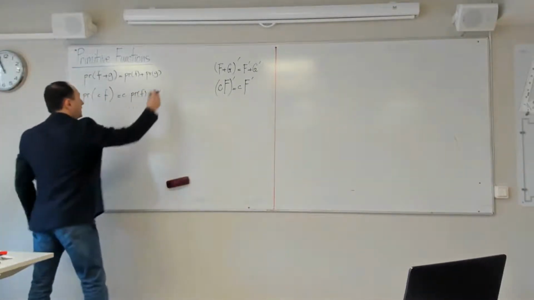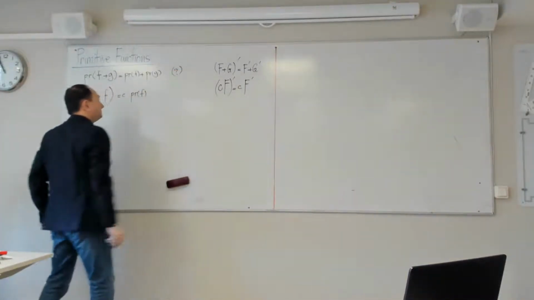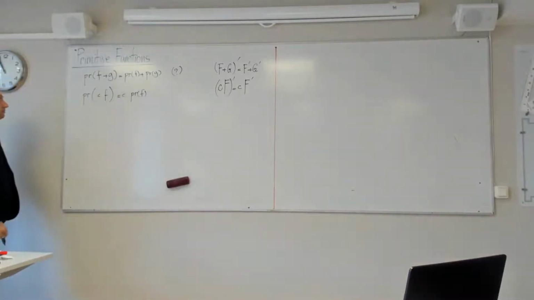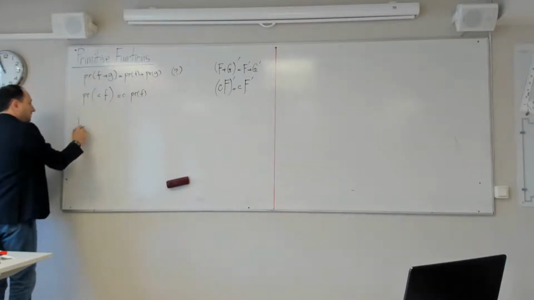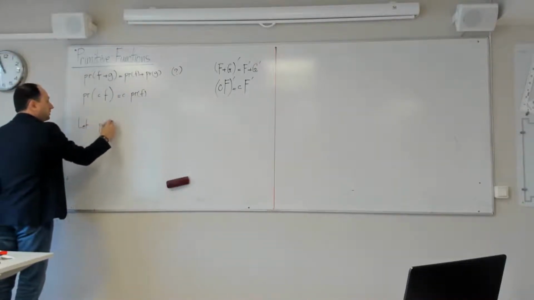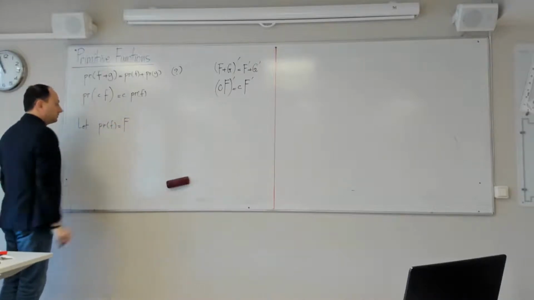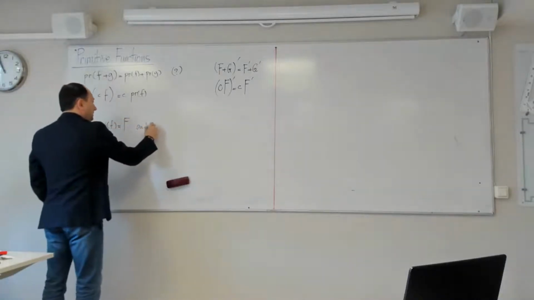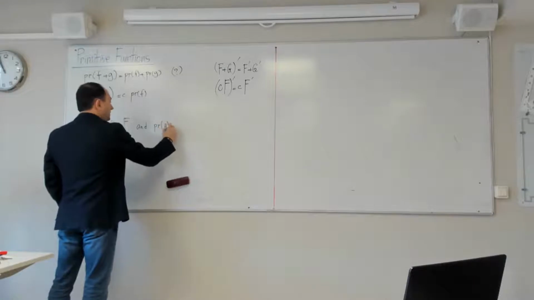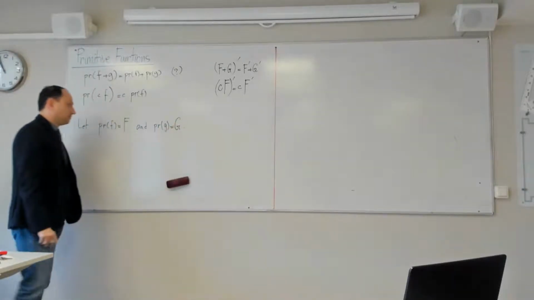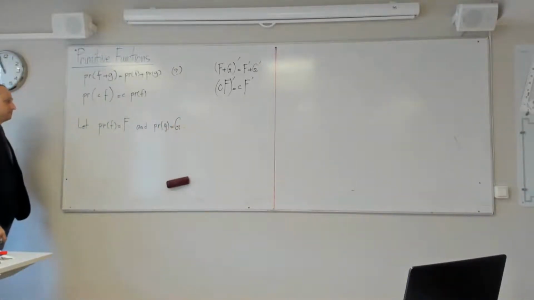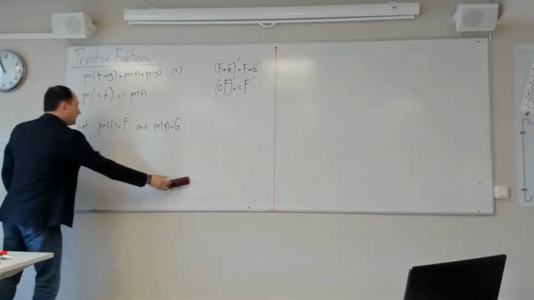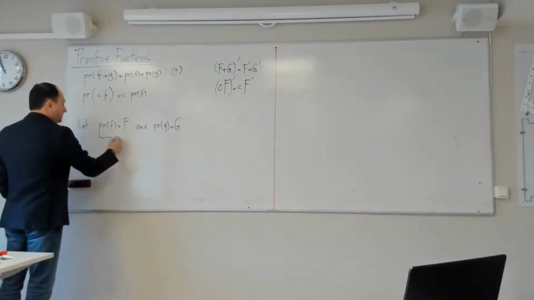Okay? Let us try to prove one of them. Let us check why this is true. Let a primitive function of f be capital F and a primitive function of g be capital G. Okay, so what is the translation of this?